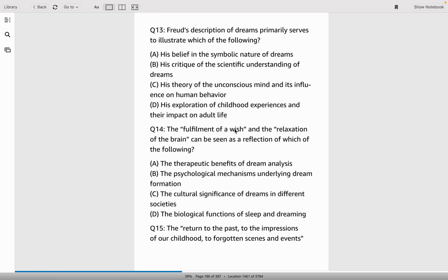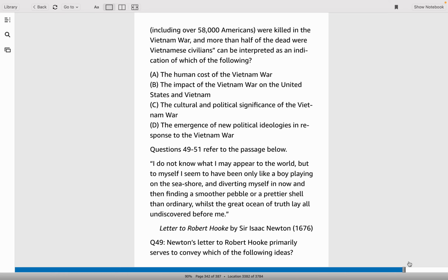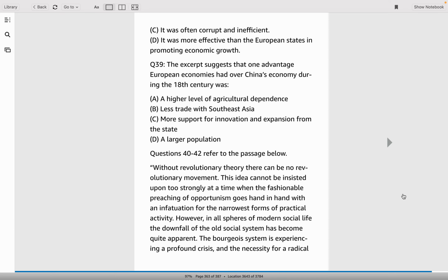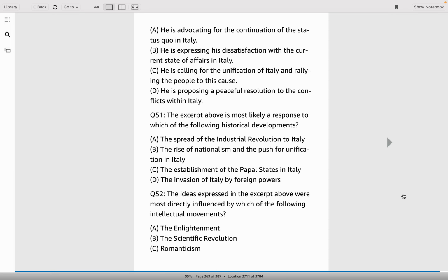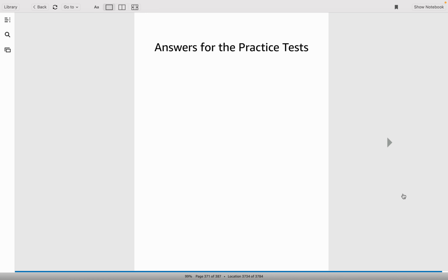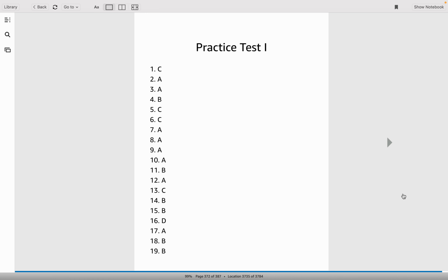At the end of the 8 different practice tests, there are going to be the answers for those test questions, of course. I know that some textbooks are not even including the answers for their practice tests.